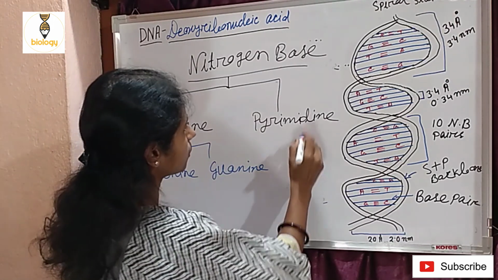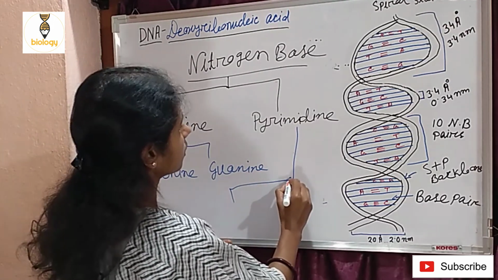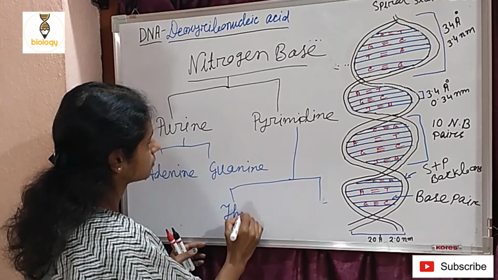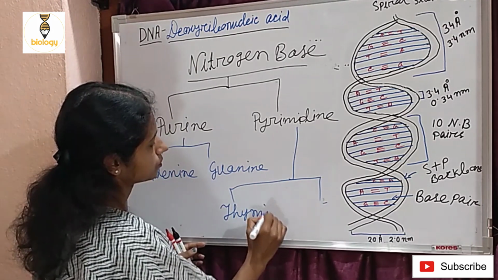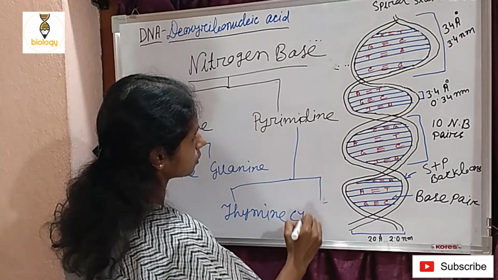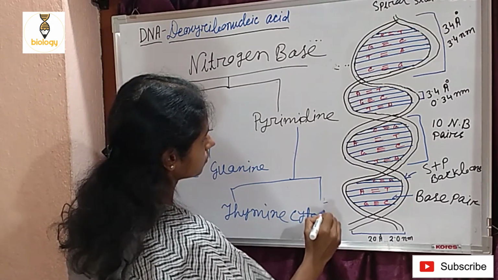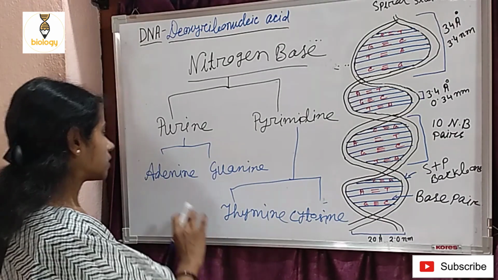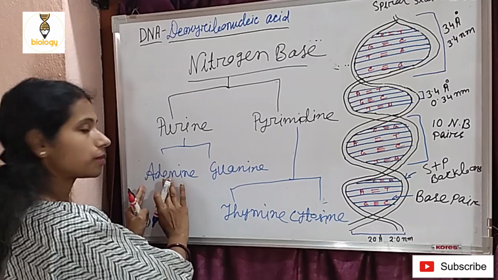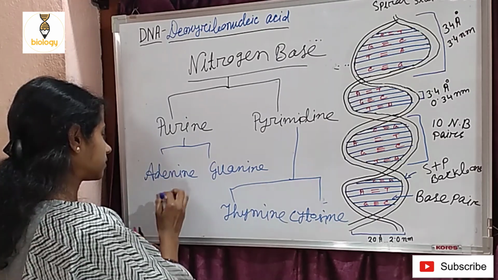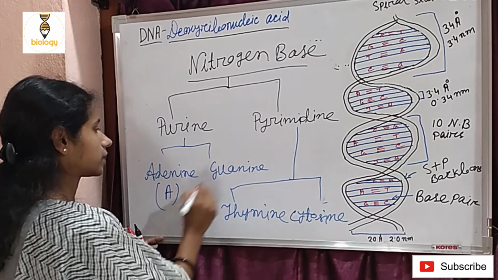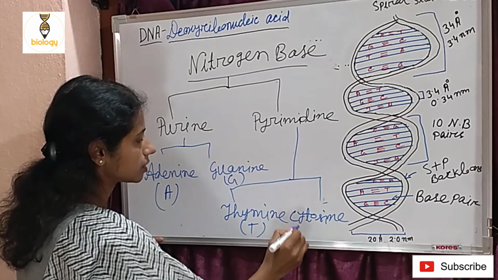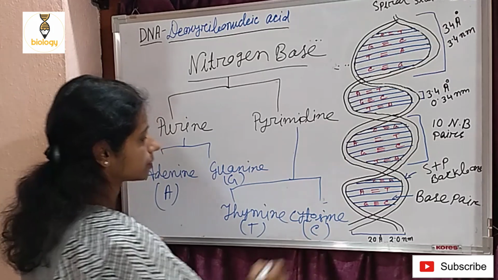Pyrimidine also has two types: thymine and cytosine. So purines are adenine (A) and guanine (G), and pyrimidines are thymine (T) and cytosine (C).